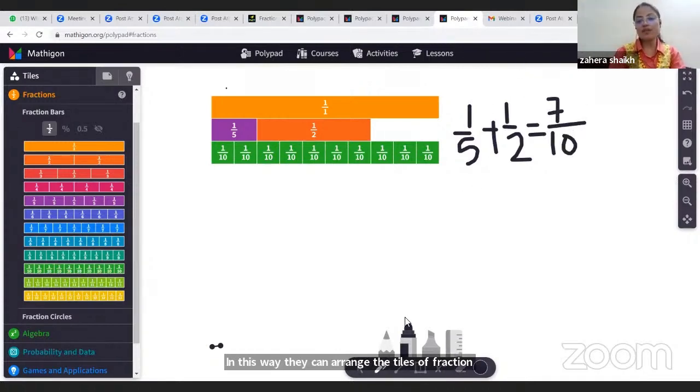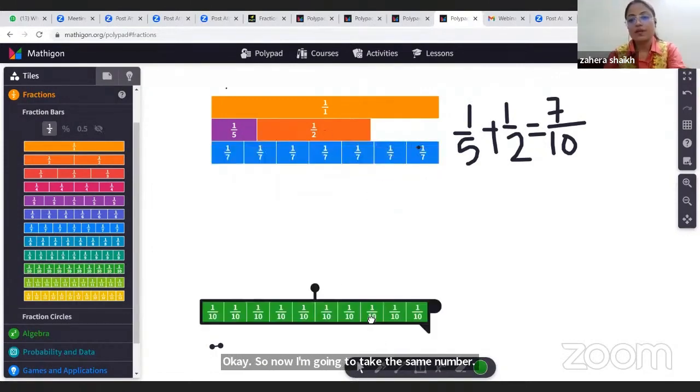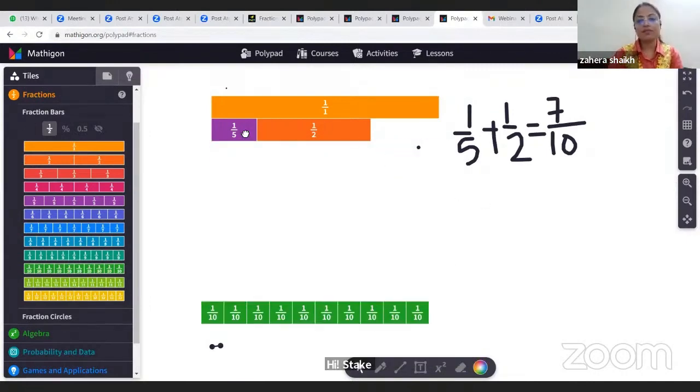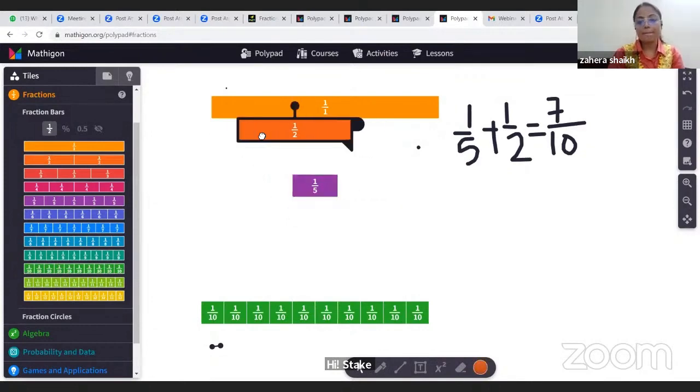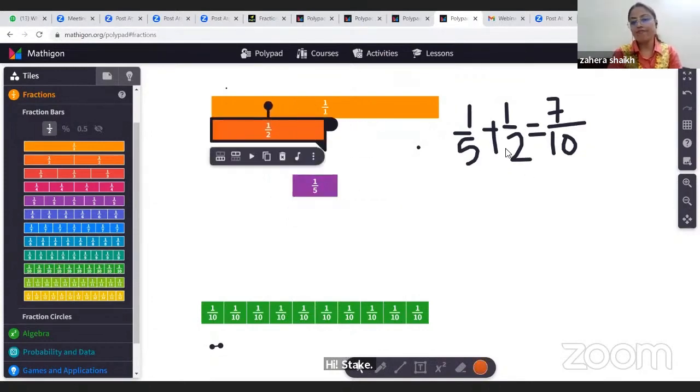Now, if I want them to use the subtraction operation to find the difference between two fractions, okay? So now I'm going to take the same numbers. I'll take half minus 1/5. I need to subtract 1/5 from half.